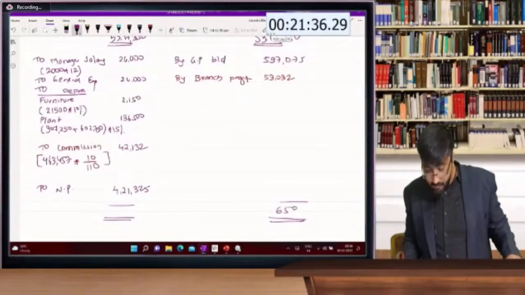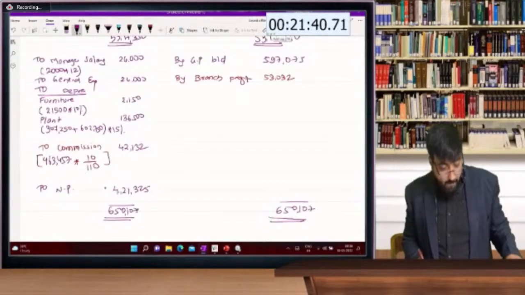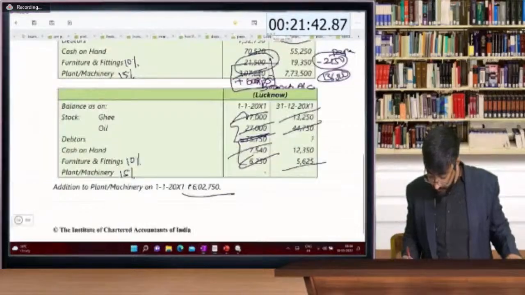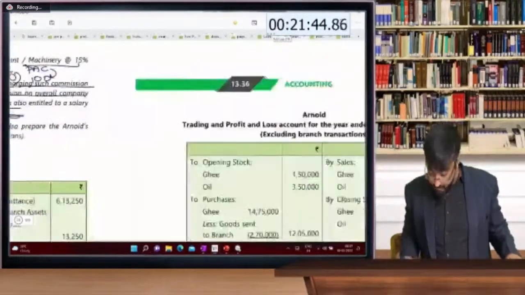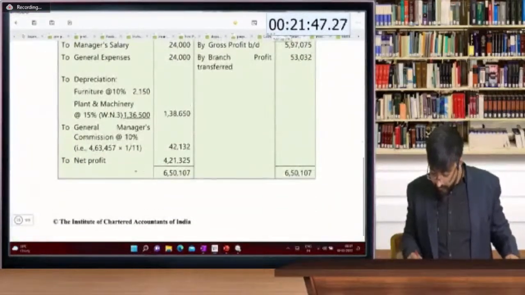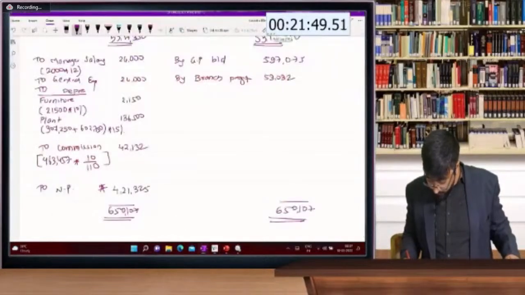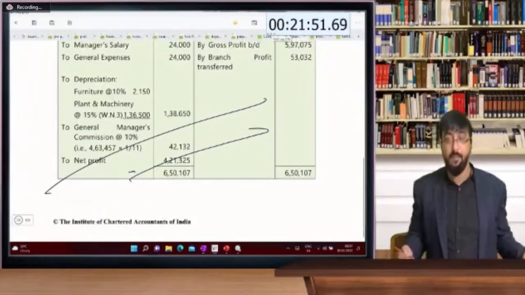And this is 650,107. If this is a correct answer, 421,025. Sorry, 421,325. Yes! Correct answer.